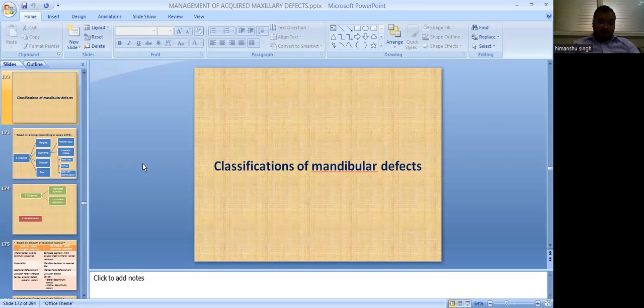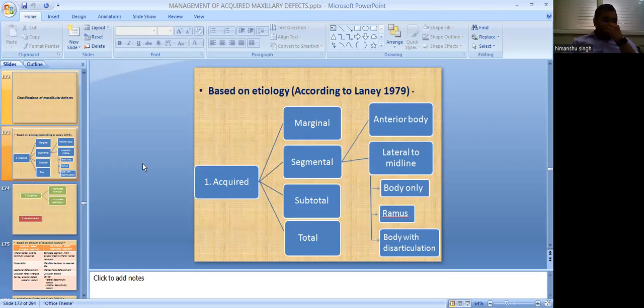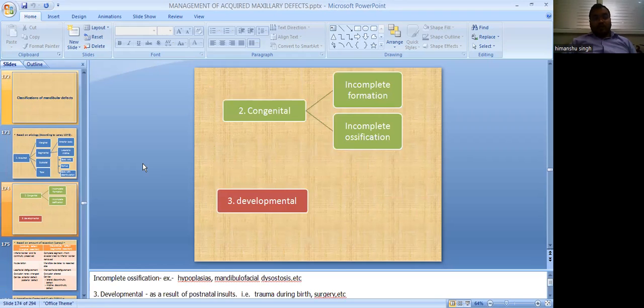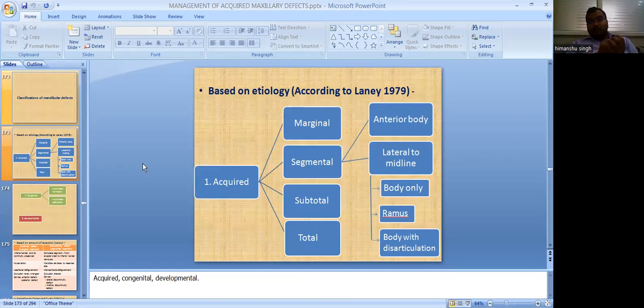Mandibular defects are broadly classified into acquired, congenital, and developmental. Acquired defects are again classified into marginal, segmental, subtotal, and total. Segmental is again classified into anterior body and lateral body to midline, which is again classified into body only, ramus, body with disarticulation.